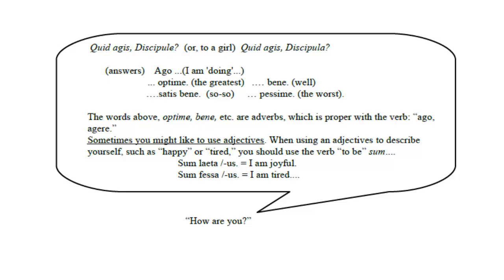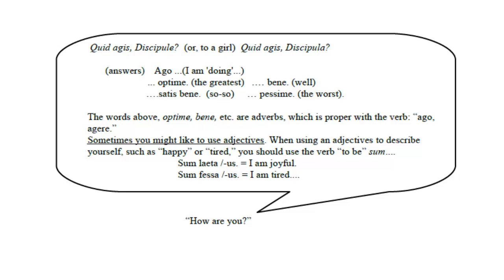Now, if you want to express how you're feeling with an adjective, note these words up above are the adverbs that go with a verb such as ago. But if you want to say, I am joyful, or I am blessed, something like that, you would say sum laeta, or sum defessa if you're exhausted.